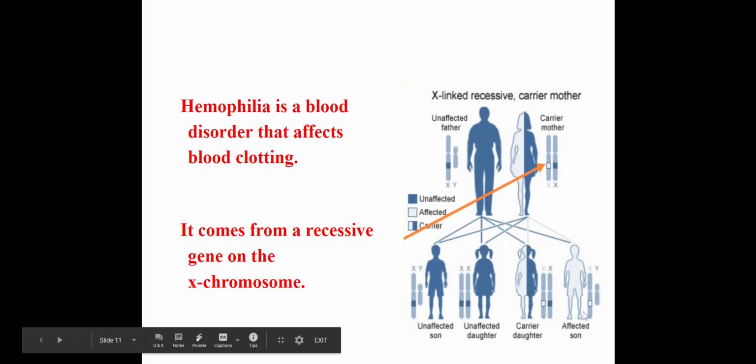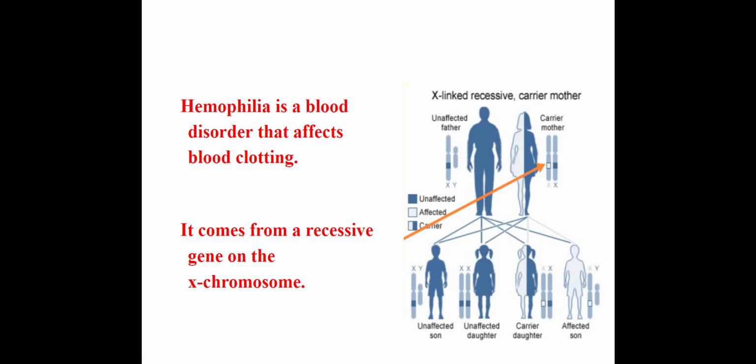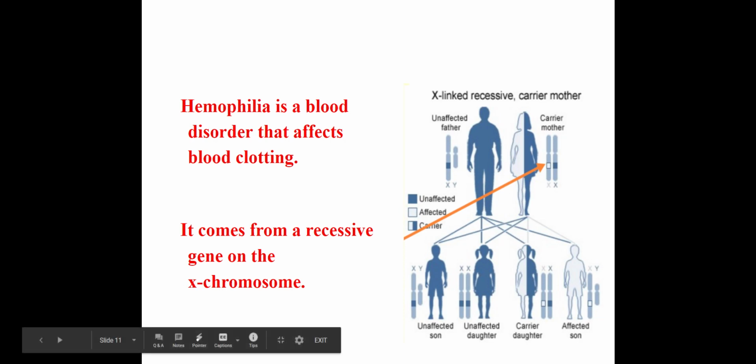So with sex-linked traits, you only have to inherit one copy of it if you're a boy, because there is no other piece on that Y chromosome that makes them a boy to cover up and overpower. So if you get one copy of it, you automatically have it. If it's a girl, you have to have two copies of that trait to have the disorder before you can have it.